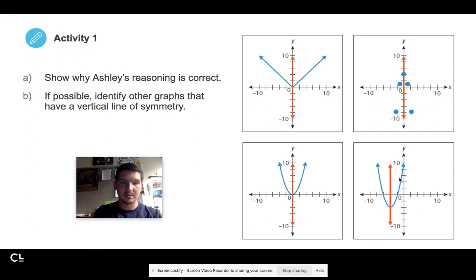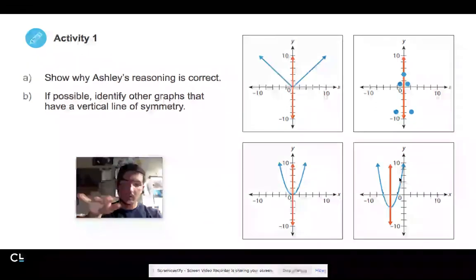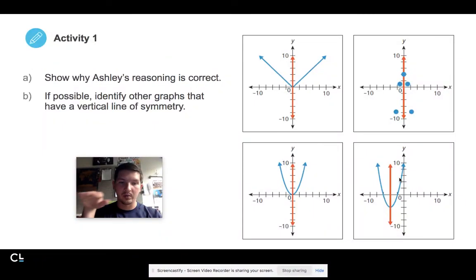That's a vertical line of symmetry. We could also get a horizontal line of symmetry when you can cut a line across and it has it matching above as well as below. So left to right, if you're able to cut your graph in half, and above that line and below that line match, that's a horizontal line of symmetry. Okay.